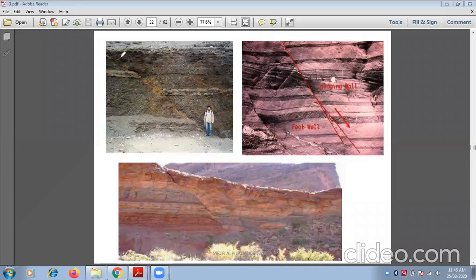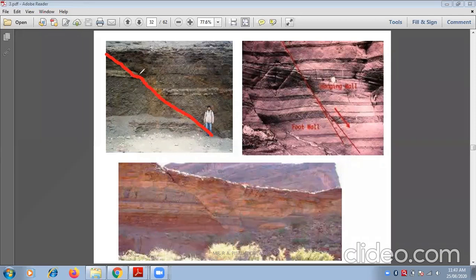Now just see here, this line is a fault plane, where the two rock blocks have moved.